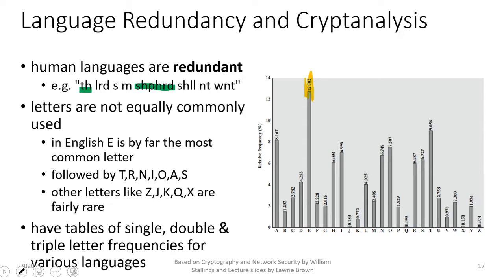So E, and then we have T, and then A, I, and O. These are some of the most commonly occurring letters in the English language. Then there are certain other letters like Z, J, K, Q, X. These are very rarely used, so we don't find them a lot in the text.